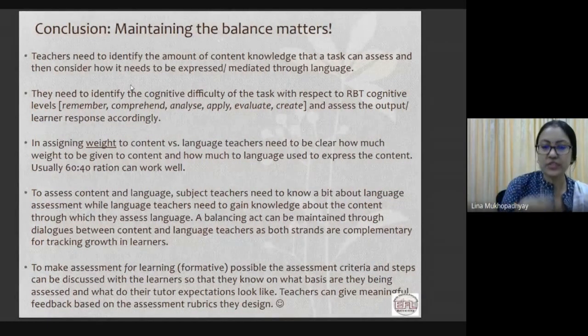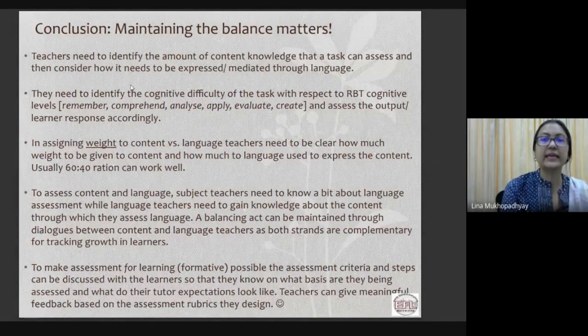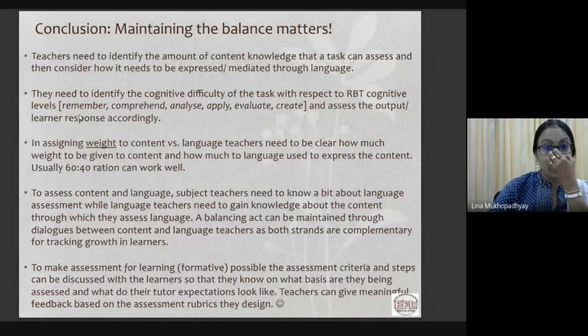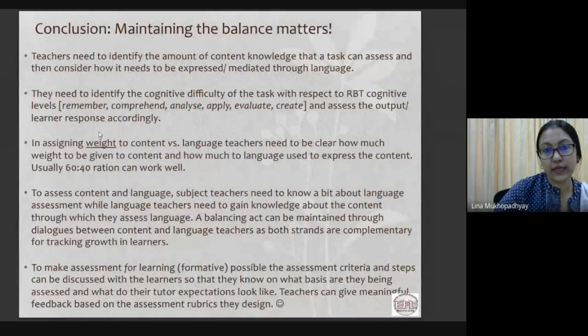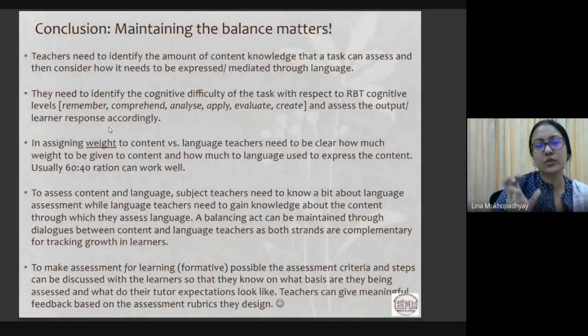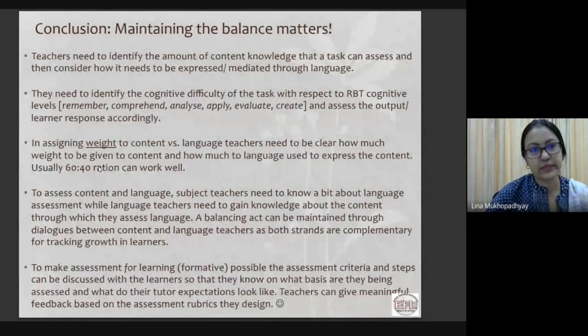I have consciously looked at the concept of text mediation for this assessment example, because it relates to the curriculum needs of higher education learners. Then teachers need to identify the level of cognitive difficulty of the task and assess the output of the learners accordingly. So using the RBT along with the CEFR is a good starting point for teachers.